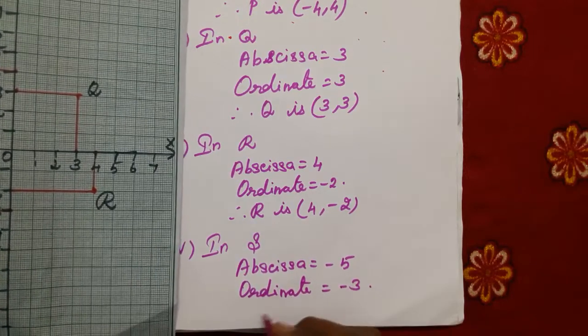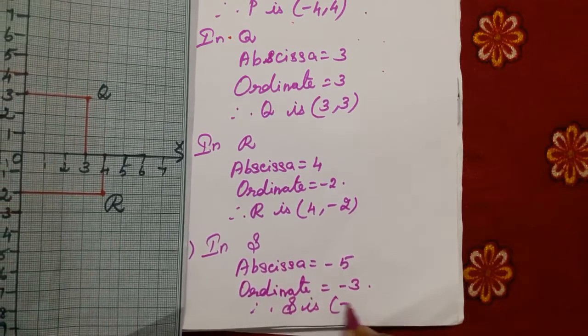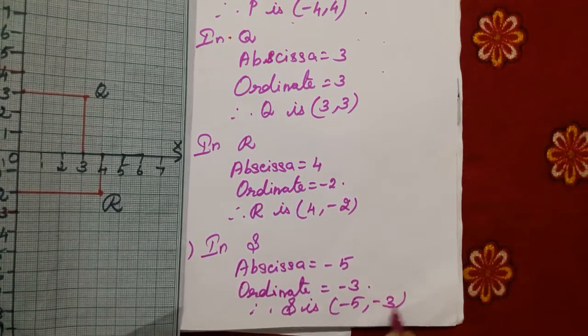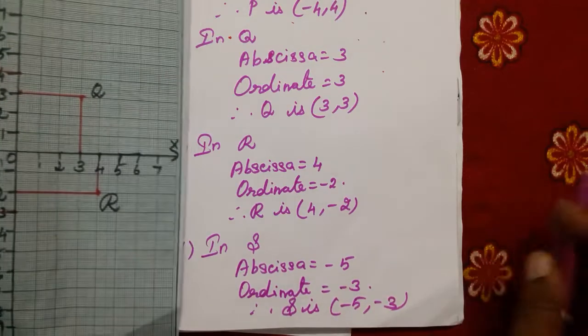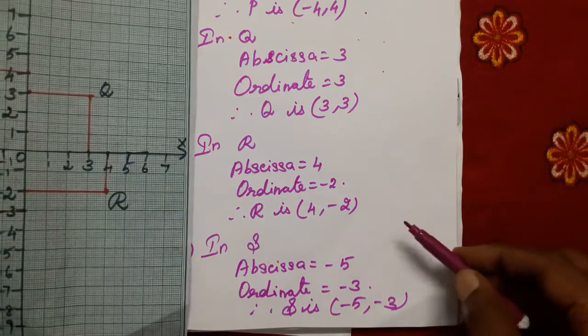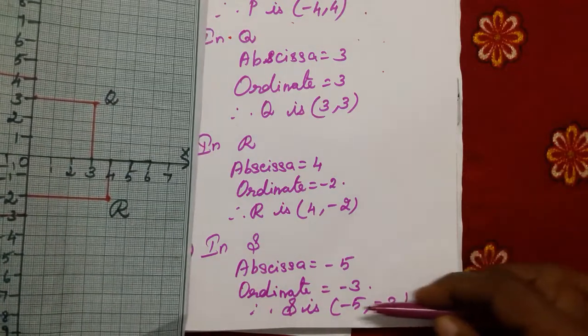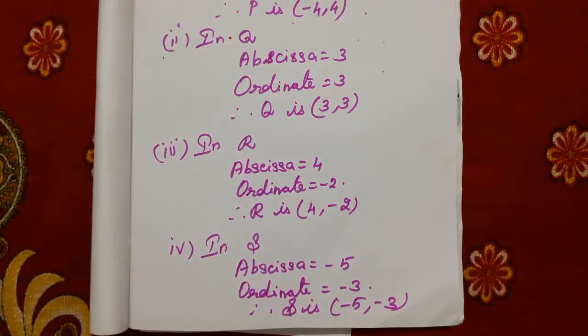Ordinate is equal to -3. Therefore, S is -5, -3. Don't write -3, -5. You have to write abscissa first. X coordinate is first, y coordinate is second. So, S is -5, -3.